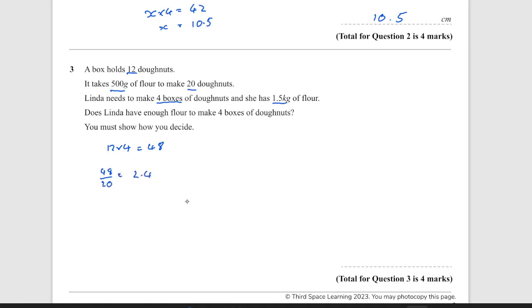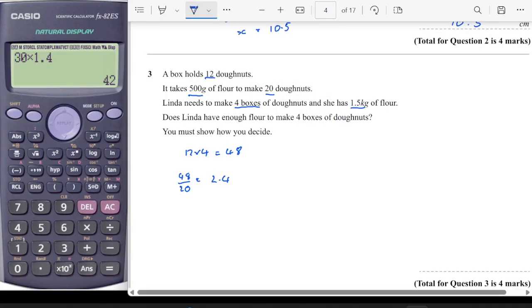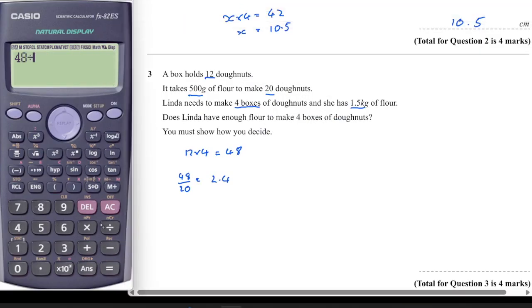Let's just double check that. Nothing wrong with making a silly arithmetic mistake at the start of a question. So 48 divided by 20 is going to be equal to 2.4. So we want 2.4 lots of the flour.